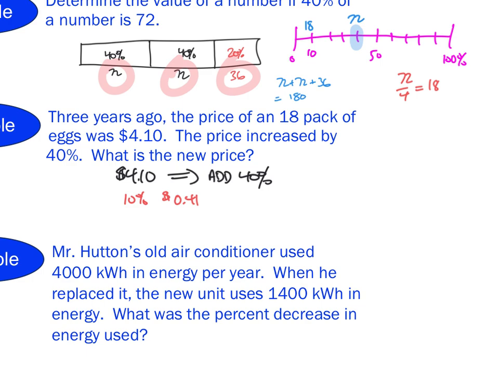So how many 10% go into 40%? 4. So we need 4 times 41 cents. What would be 4 times 41 cents? $1.64. So $1.64 represents how much the price of eggs went up by. So the new price, how do we find the new price? $4.10 plus $1.64 is $5.74.